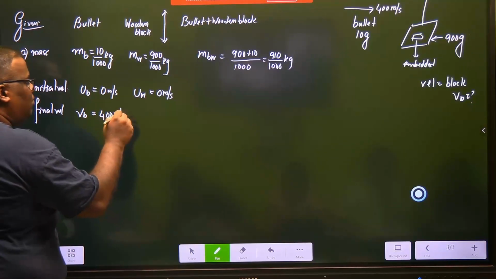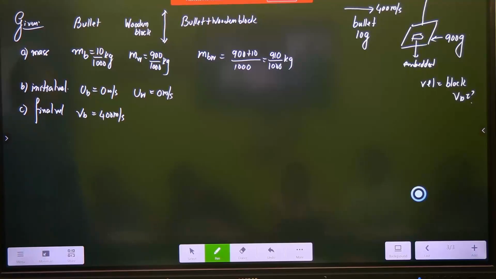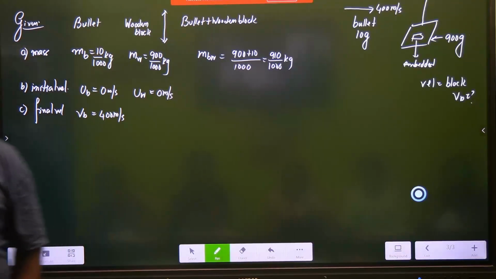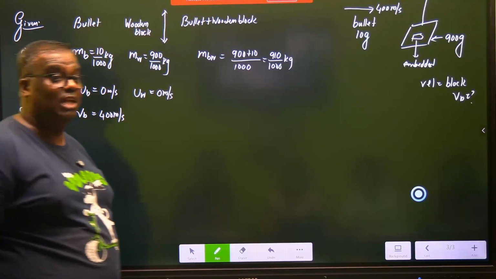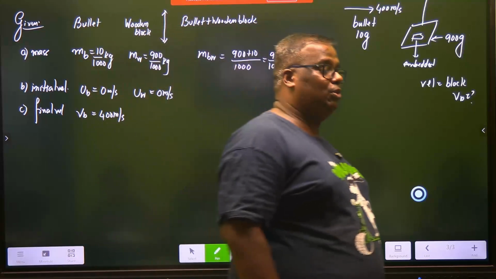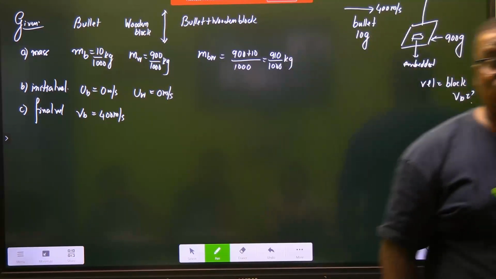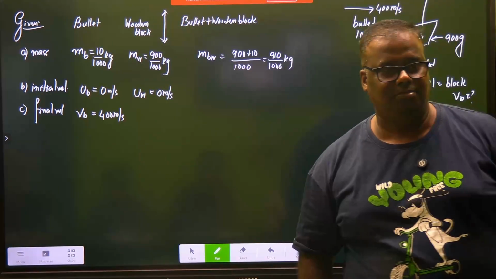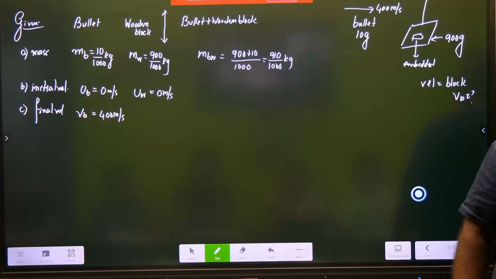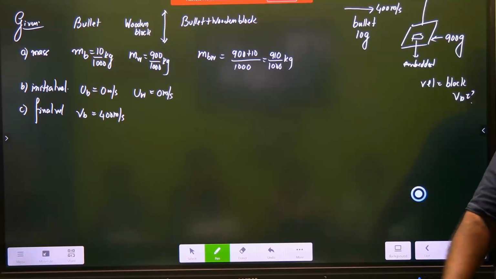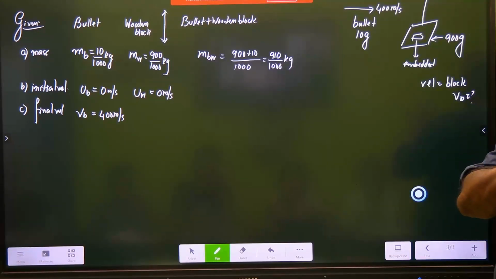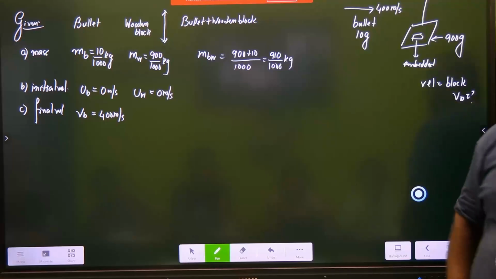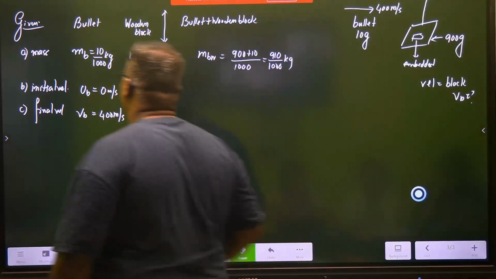Now here we have gone wrong. You have gone wrong here if you have done it this way. That's why I said, think about the problem. You will go wrong. Firing is not the incident here. What is the incident? Striking is the incident. Firing is not the incident here. Striking is the incident.